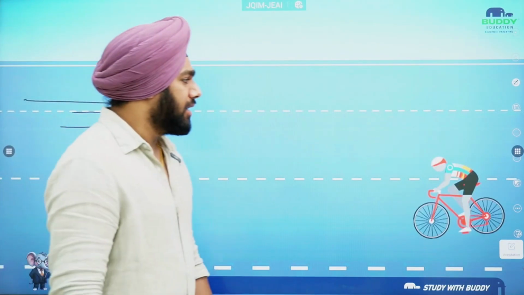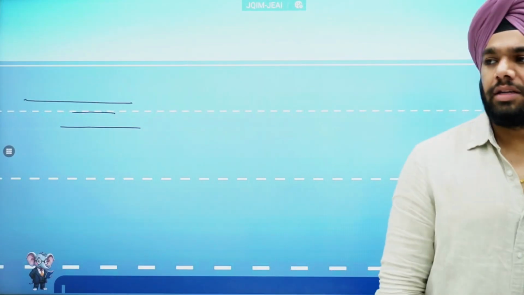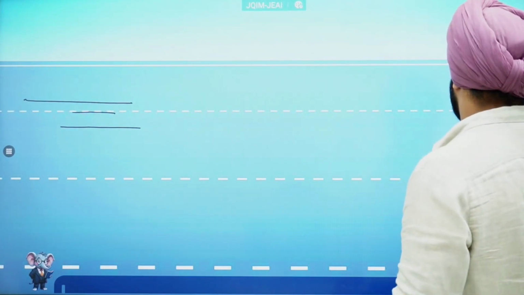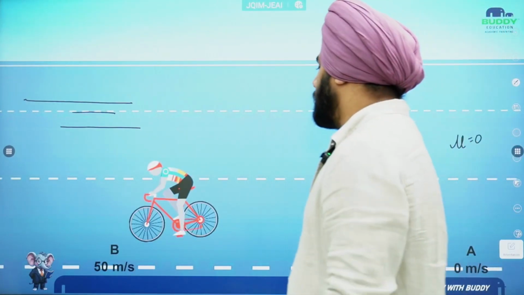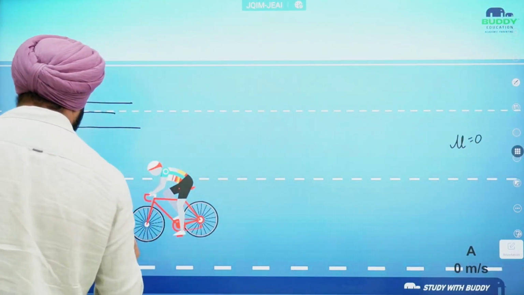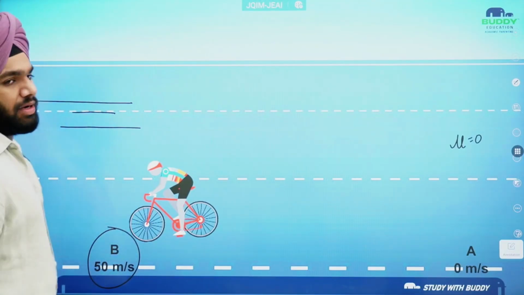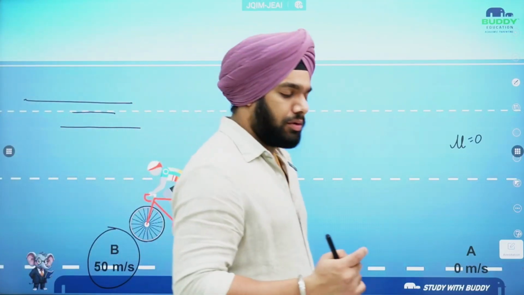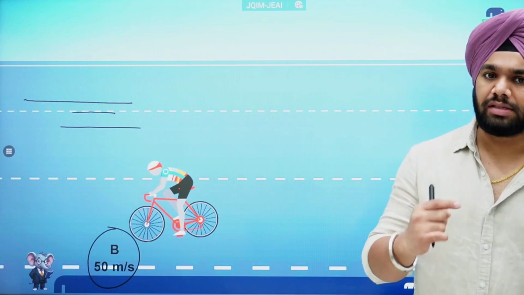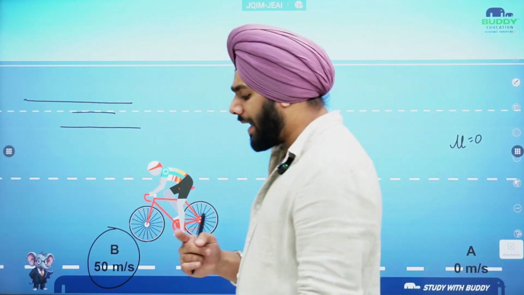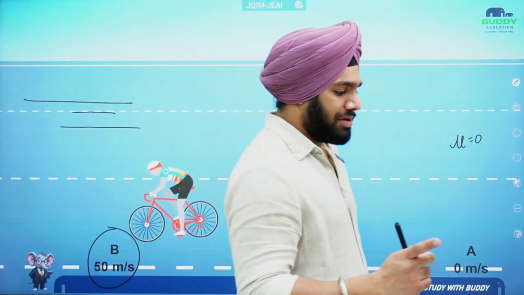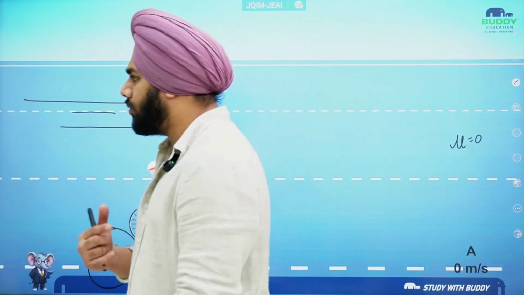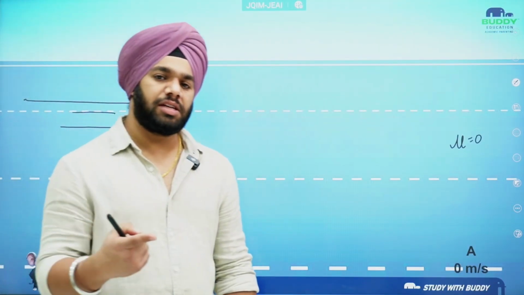Initially he was at rest, so the initial velocity was 0, and at point B, its velocity came out to be 50 meter per second. So you will realize that the velocity of the cyclist changes because he applied force. That means by applying force, the velocity is changing.